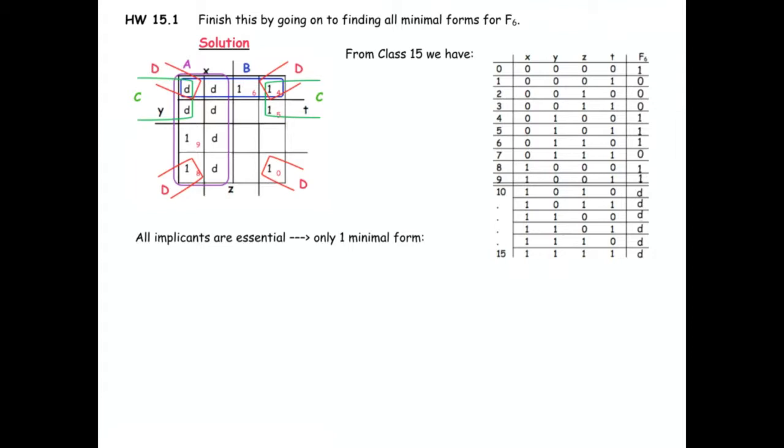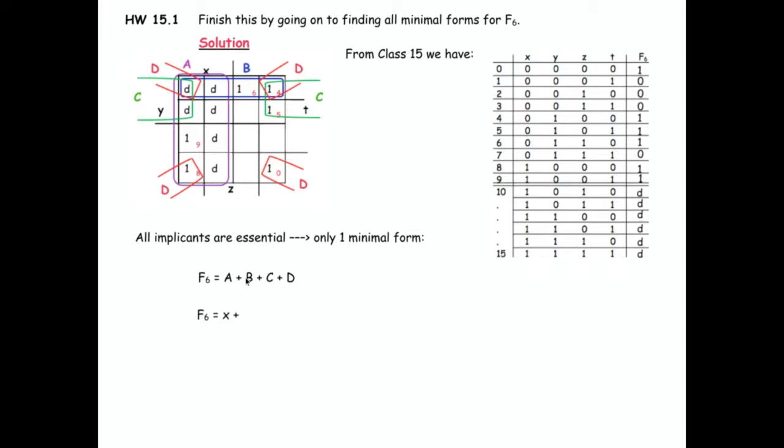But at least one non-essential prime implicant will be contained in at least one minimal form, right? Okay, very good. But in this case, there's just one minimal form.